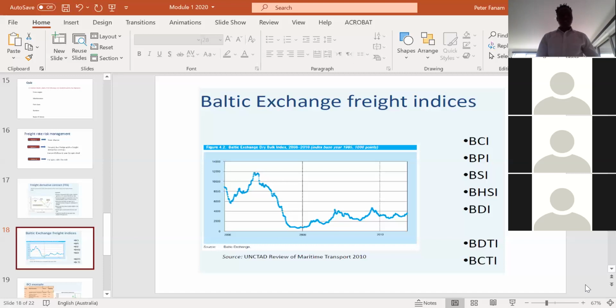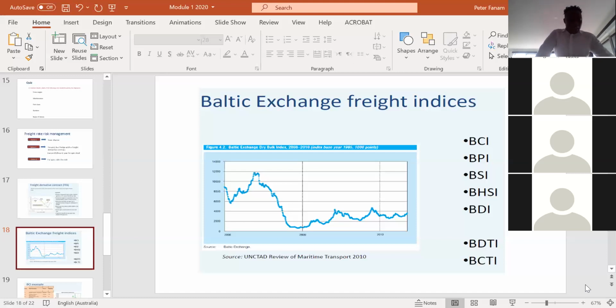The indices are in the dry bulk setup and the liquid bulk setup. The indices you can see on the screen over here are for both dry bulk and liquid bulk. The one on top is for the dry bulk, and the bottom one is for the liquid bulk.